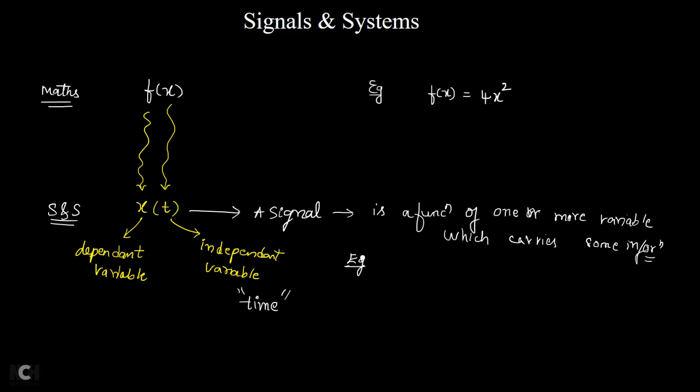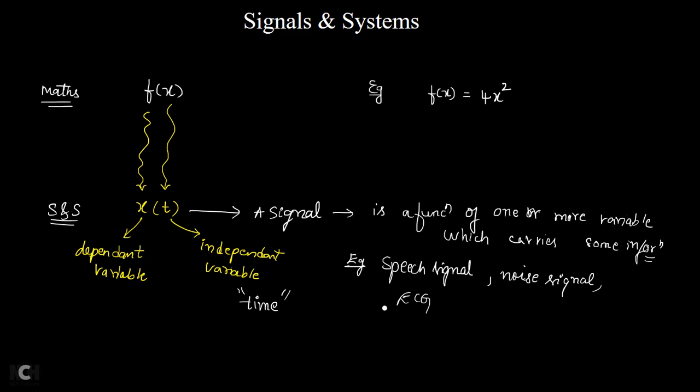For example, a real world signal is the speech signal. And you can find various noises present in the real world. That is also a signal, a noise signal. And ECG, electrocardiograph.